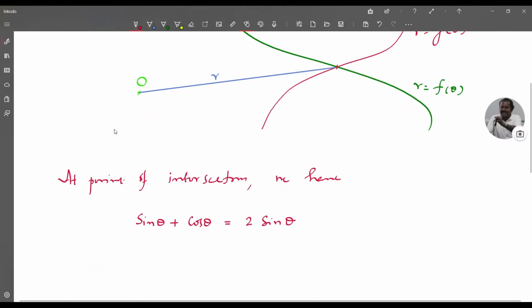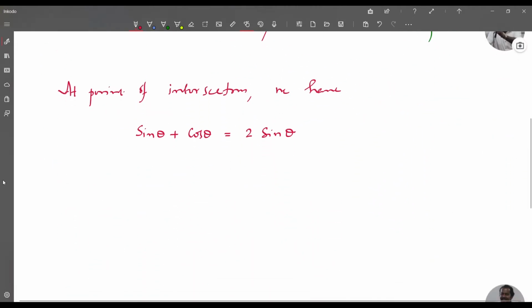From this, taking sin theta to this side, cos theta equal to 2 sin theta minus sin theta. So this implies cos theta equal to sin theta.